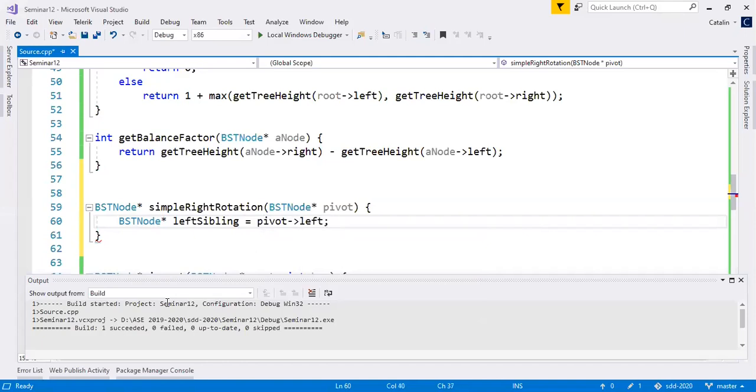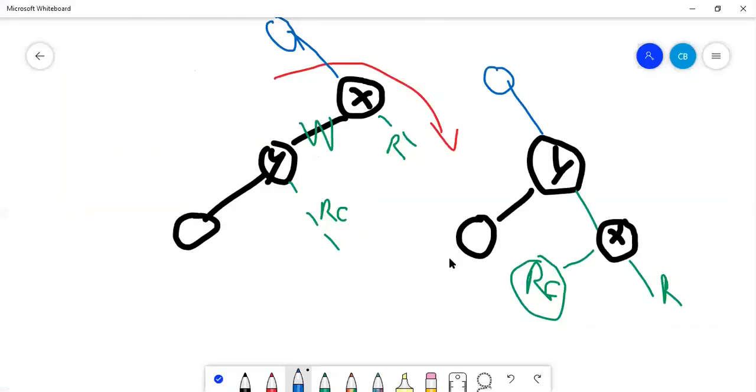So we have it. Okay, and let's see what's happening. The first relation that I will break will be this one, because I already have the left sibling. So I will say pivot left equals left sibling right. You see, I do this, X left now has the right child of Y.